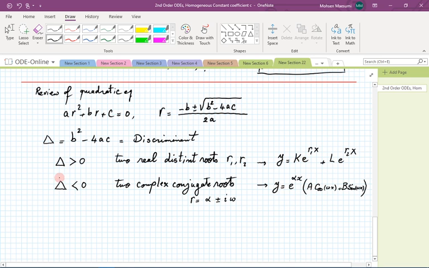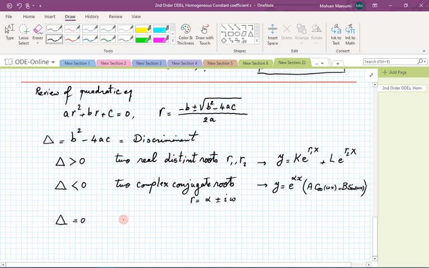The third case is the intermediate between these two. What if our discriminant became exactly zero? What if we are at the boundary between the real and complex case? So if this becomes zero, adding and subtracting would not make a difference. It would be the same answer.